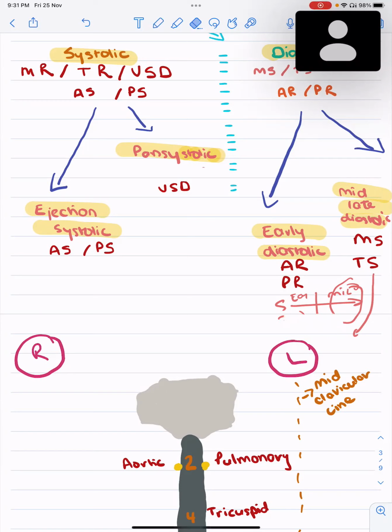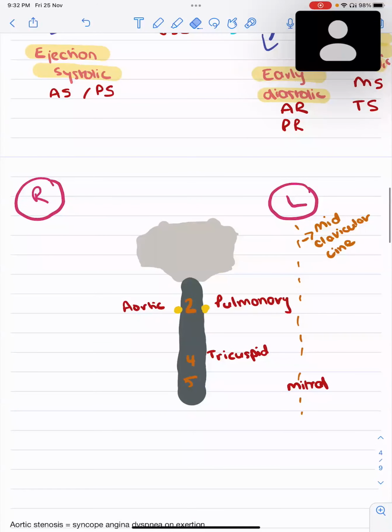I was just doing this for the sake of making you understand. So we have early diastolic phase in which we have AR and pulmonary regurgitation, and in mid-late we are having mitral stenosis and tricuspid stenosis. All right, guys.